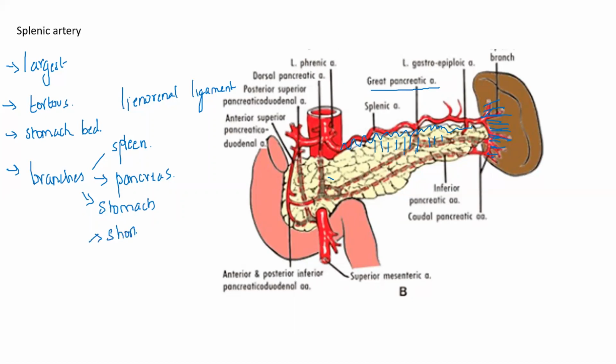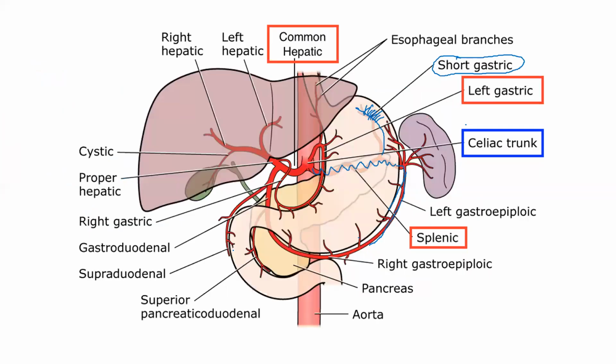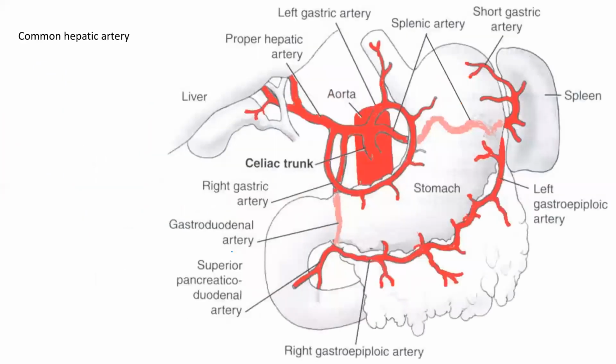The short gastric arteries. Which part of the stomach do they supply? The fundus. And then the left gastroepiploic artery, which runs along the greater curvature within the greater omentum. How does it terminate? By anastomosing with the right gastroepiploic artery.